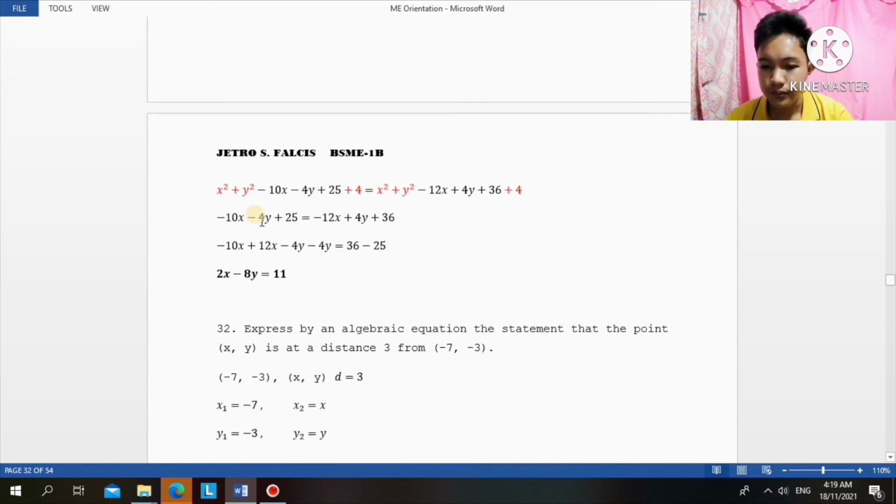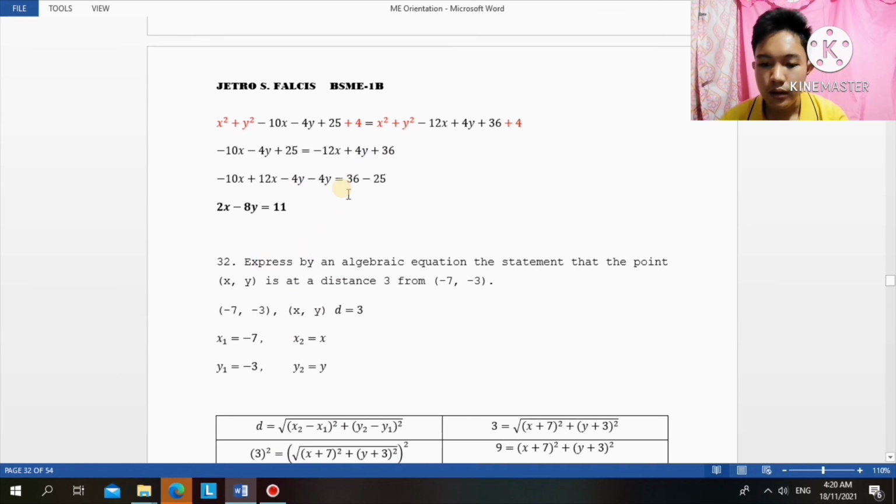So, cancel out x squared plus y squared plus 4 on both sides. Since they are the same, they will cancel out, so it will become 0. Our equation will be negative 10x minus 4y plus 25 is equal to negative 12x plus 4y plus 36.